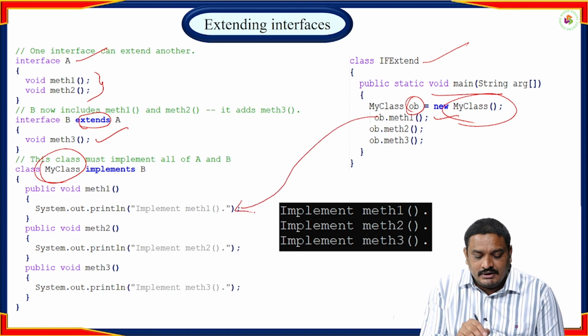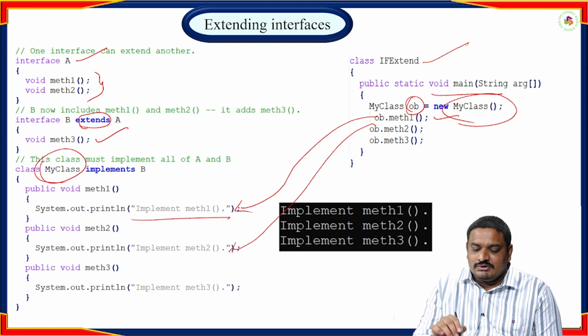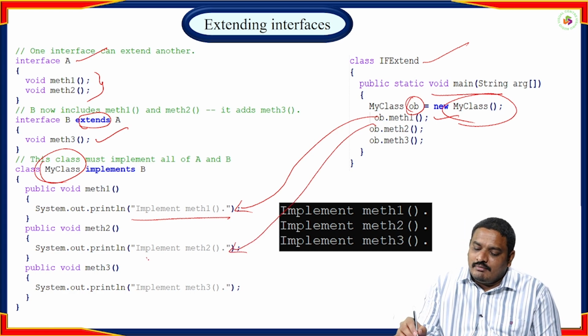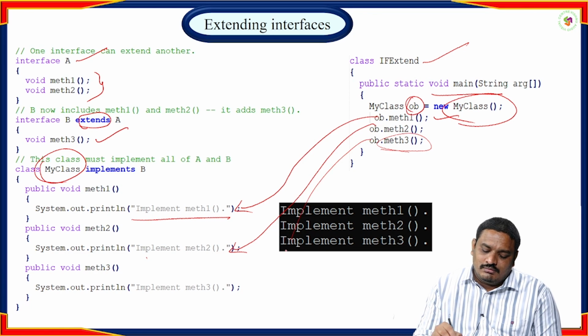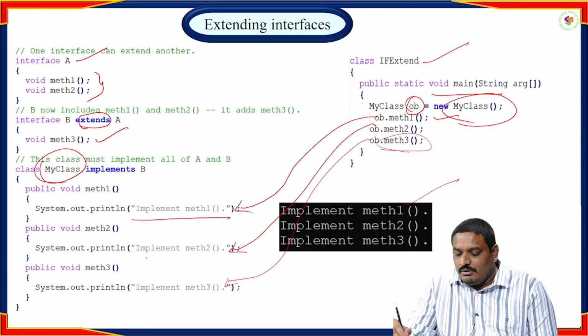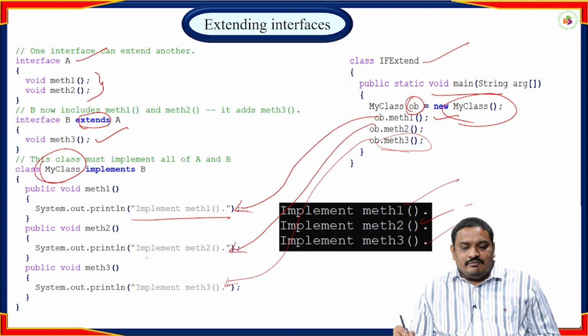What is the statement here? Implement method 1. Whenever we call method 2 by using this object, this statement will be displayed. Whenever we call method 3, this statement will be displayed. Finally, you get implement method 1, implement method 2, implement method 3. This is extending the interfaces.